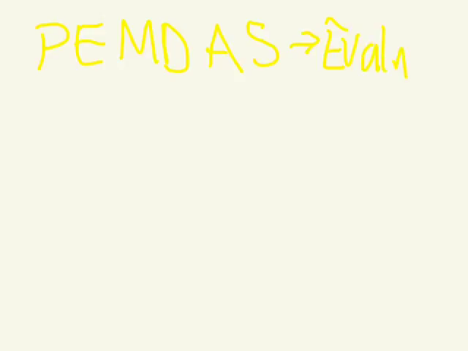Okay, so I told you I would have a trick to help you remember this. You might remember when we do order of operations, we do parentheses and then exponents, we multiply and divide from left to right, and we add and subtract from left to right. So that's what we do when we are evaluating an expression.